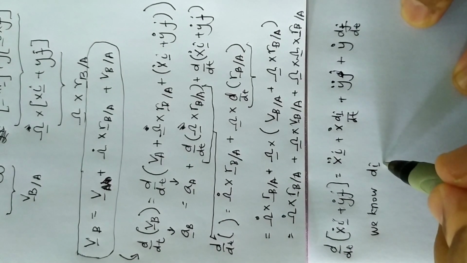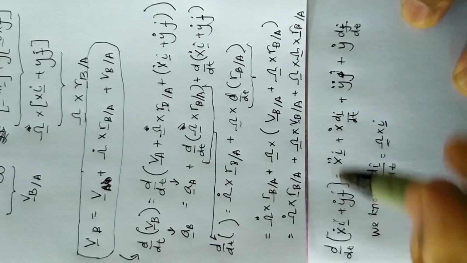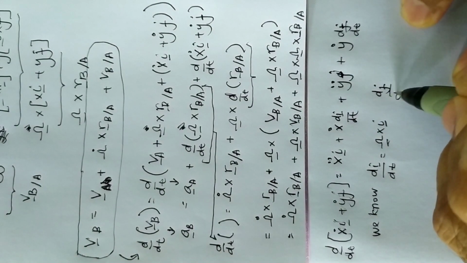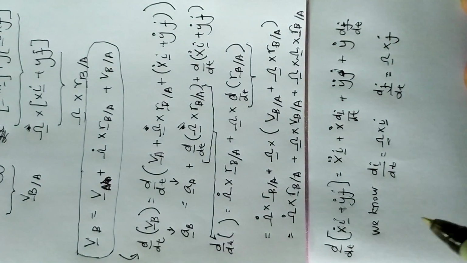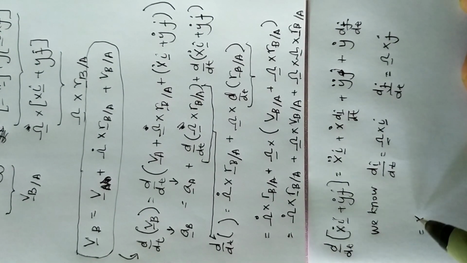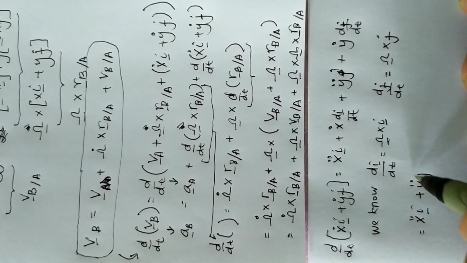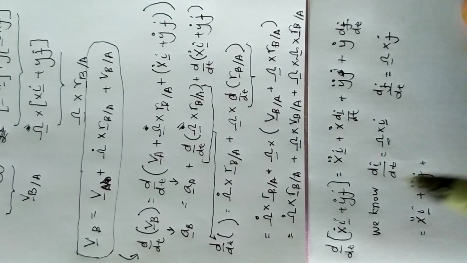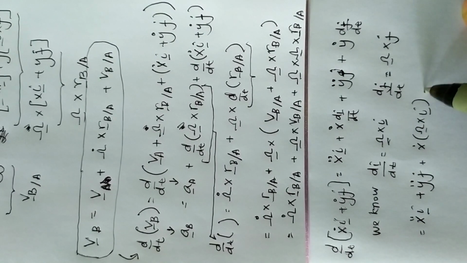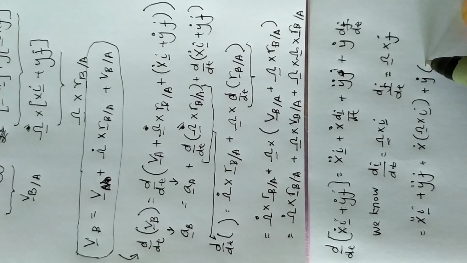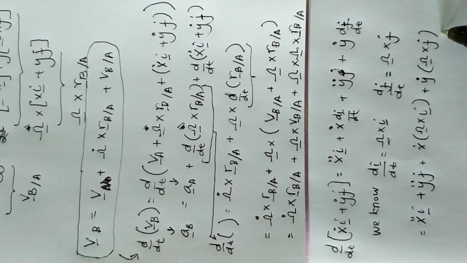So we know that di over dt is omega cross i, and dj over dt is equal to omega cross j. Then we can now put that back here: x double dot i, I'm going to regroup them again, y double dot j plus x dot omega cross i plus y dot omega cross j. We can combine this again.